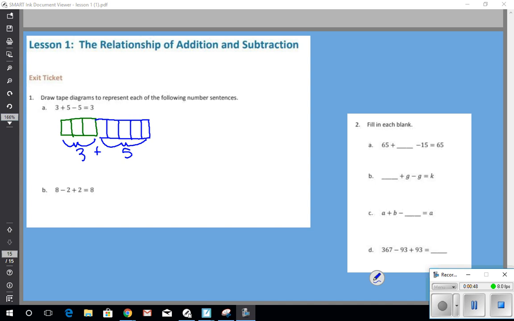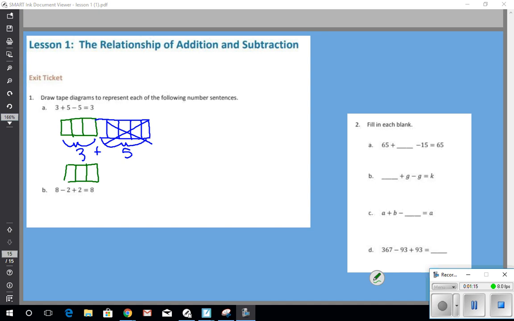Now, if I wanted to take 5 away, so 3 plus 5 minus 5, if I took that 5 away then, I would be back to where we started, which is 3. So I started with 3, I added 5 more on, I took the 5 away, I'm back with my original 3.